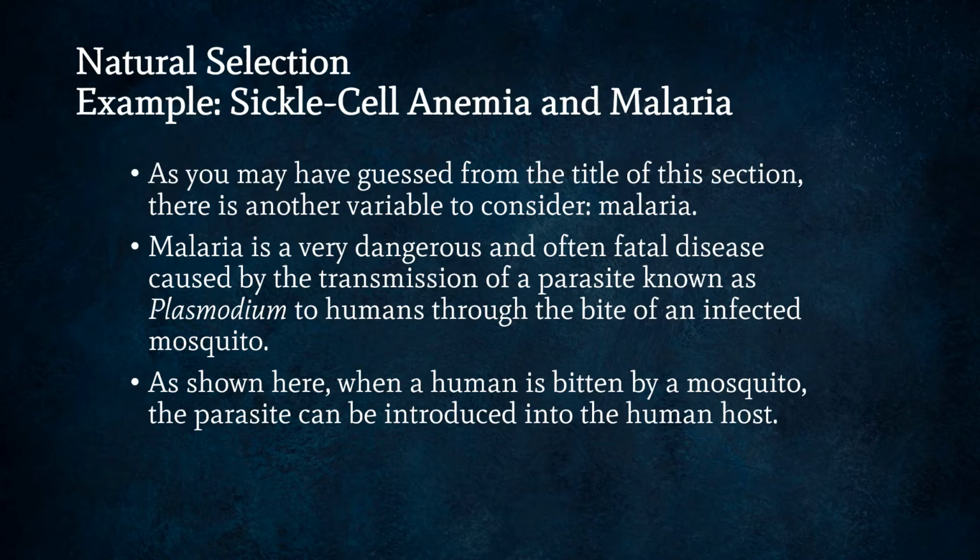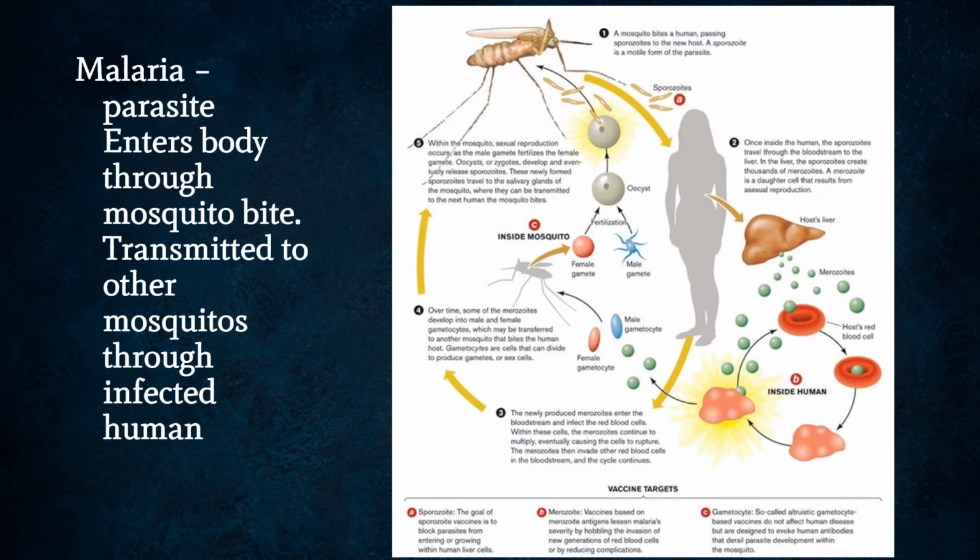As shown in the next slide, when a human is bitten by a mosquito, the parasite can be introduced into the human host. So this diagram shows you how people become infected with malaria. So the mosquito bites a human, passing sporozoites to the new host. The sporozoite is a motile form of the parasite.